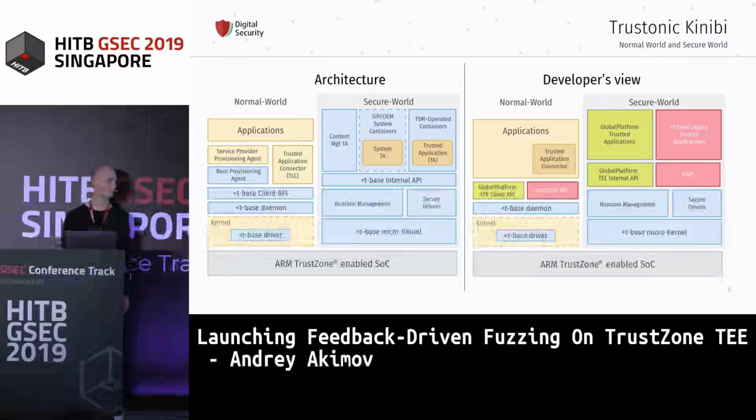Here we see that there are two API sets, the Global Platform API and some legacy API, which is red. But while the Global Platform API is indeed implemented in Kinibi, in Samsung it's not used, and all that is used is the so-called legacy API.